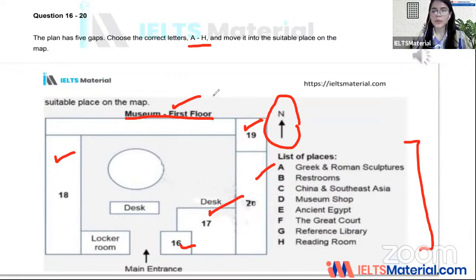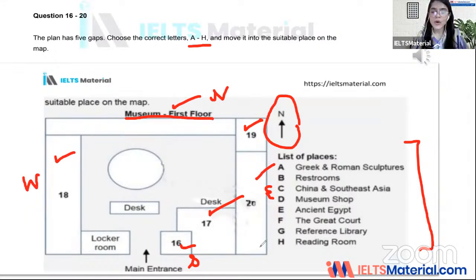Most probably the audio is going to describe and use these directions in the recording. So what is imperative here is that you mark your map beforehand. North, which is the direction though? Do you know? Okay, east. Yes. This is your south. This is your west. So we have mapped all our directions now.